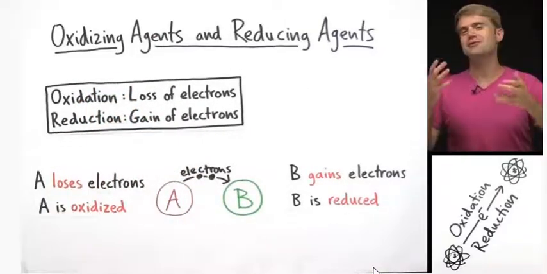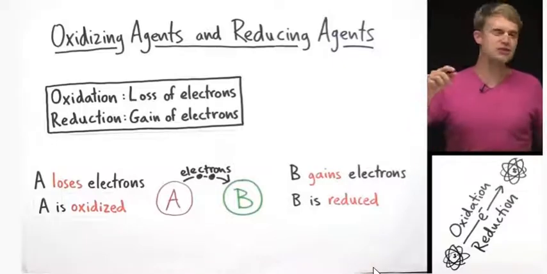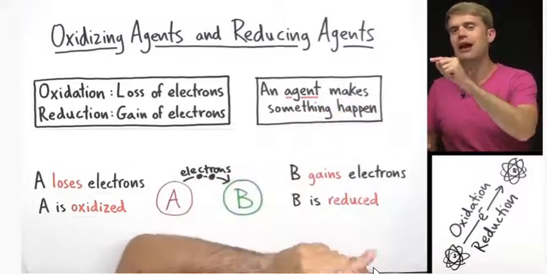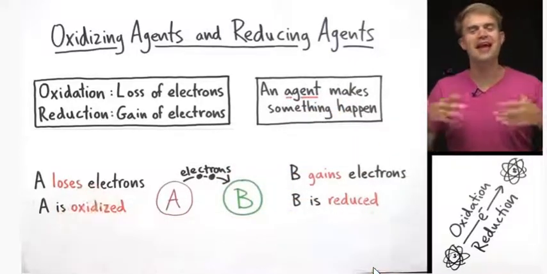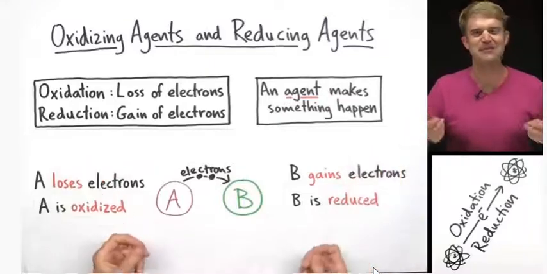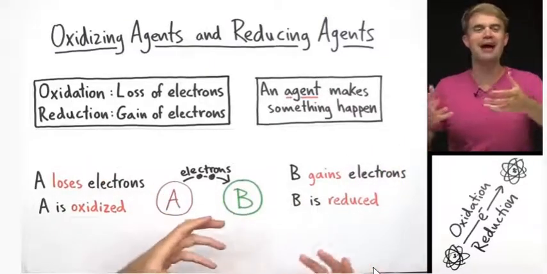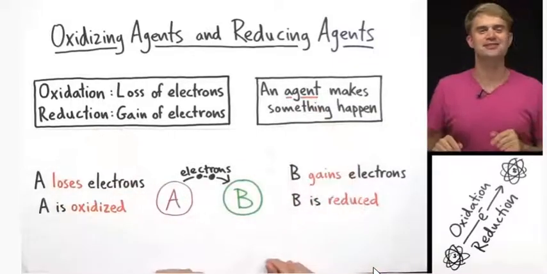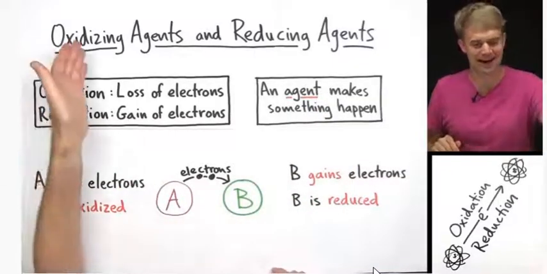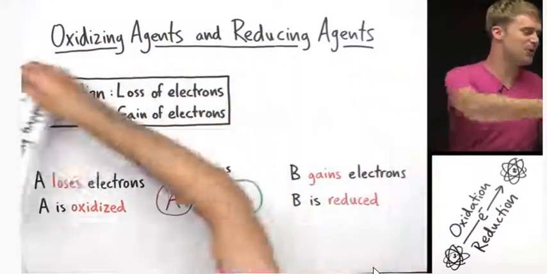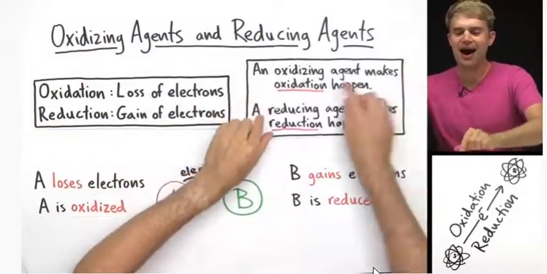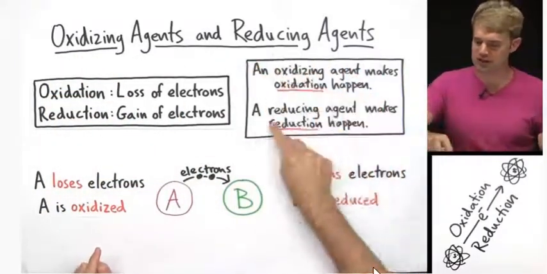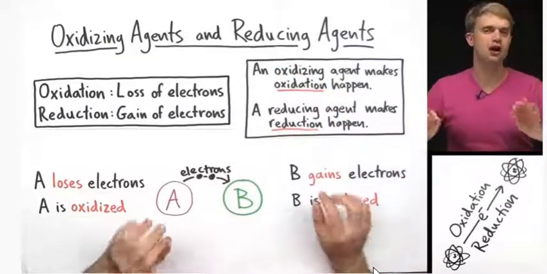In this situation, an agent makes something happen. Think of the agent for a movie star. They help the actor get jobs and get into movies. An agent makes things happen for that movie star. That's exactly what oxidizing and reducing agents do. An oxidizing agent makes oxidation happen, and a reducing agent makes reduction happen.